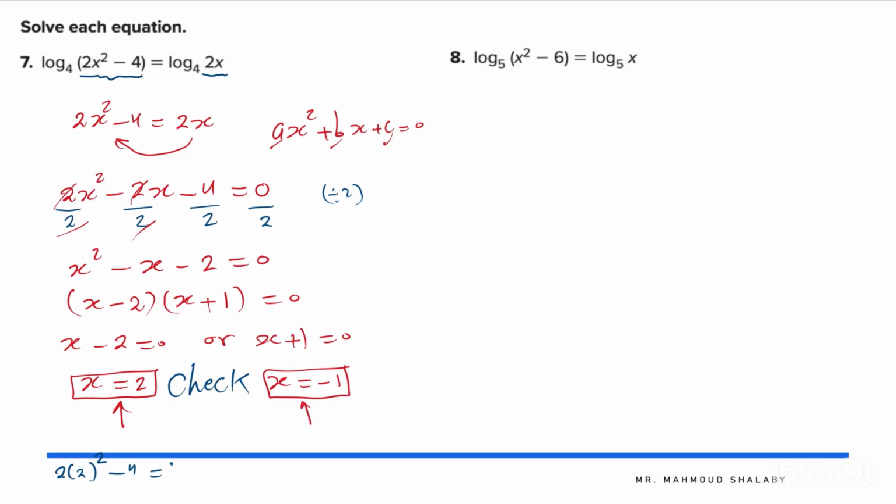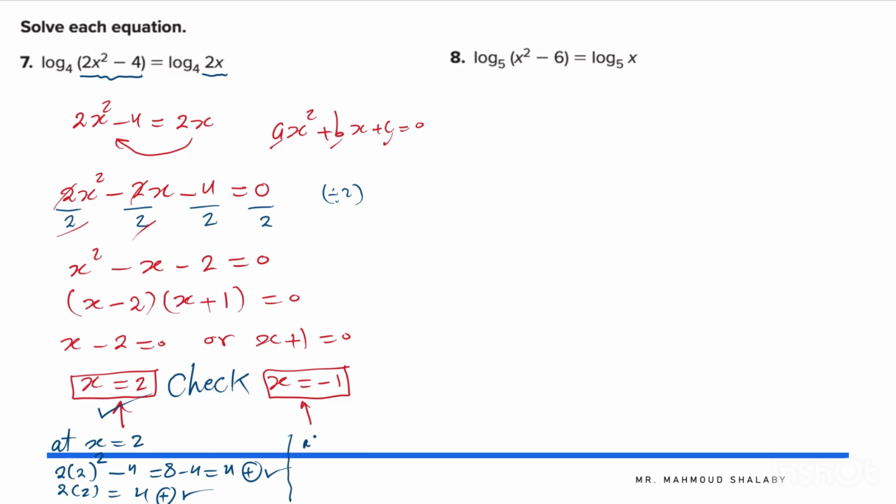So it will be 8 minus 4, which is 4. What I care about is that this is positive, so I don't have a problem. However, you must check both sides. So for the other side, I will do 2 multiplied by 2. The answer is 4, which is positive, which means I don't have a problem, so 2 here will be an accepted solution. So we can say that at x equals 2, I will accept both sides.